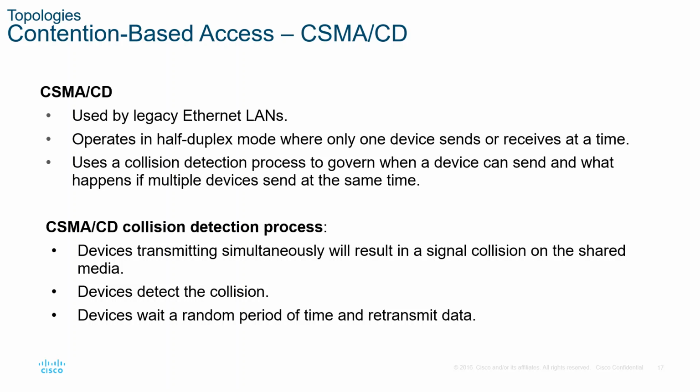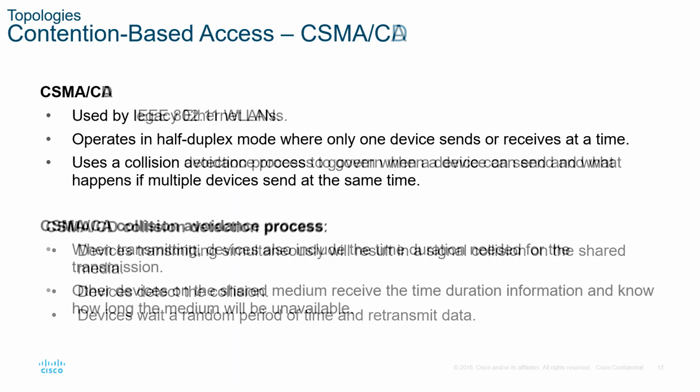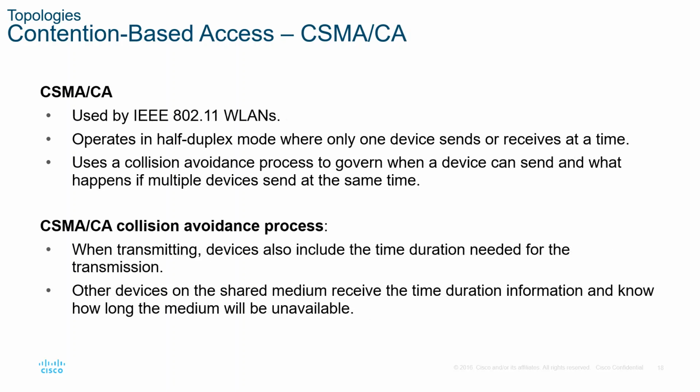In the collision detection process, devices transmitting simultaneously will result in a signal collision on the shared media. When the devices detect the collision, they will wait for a random period of time and retransmit the data.